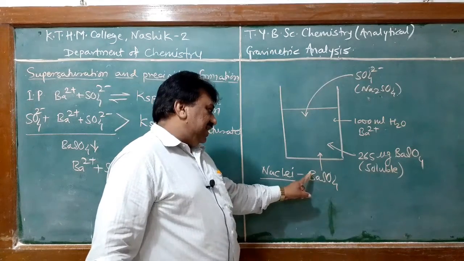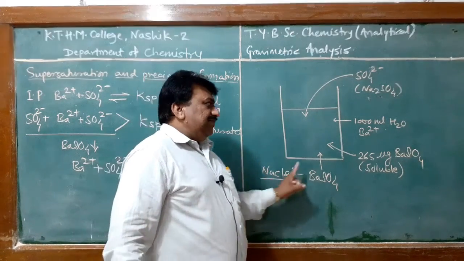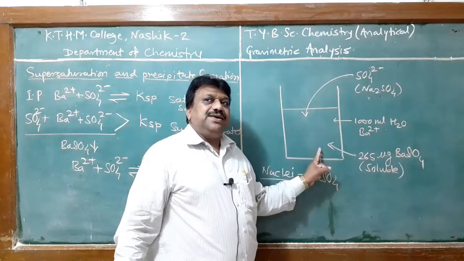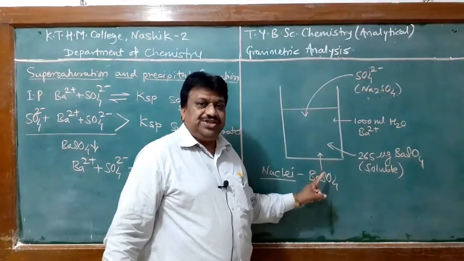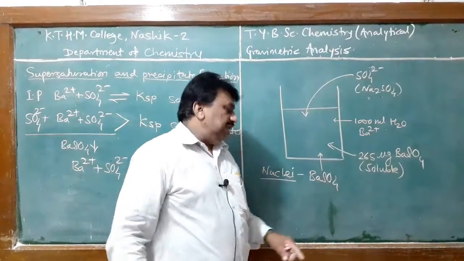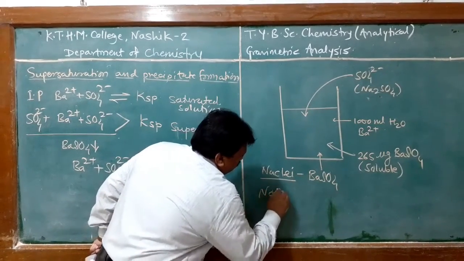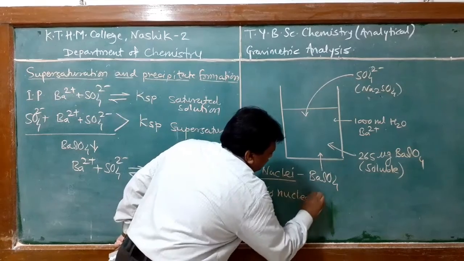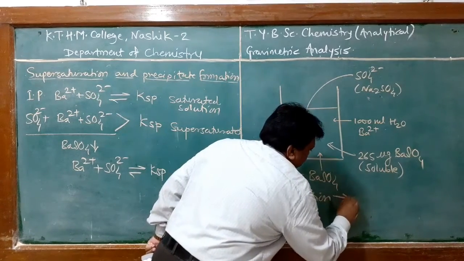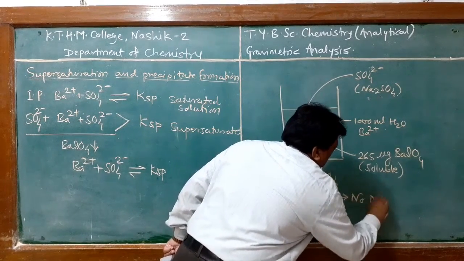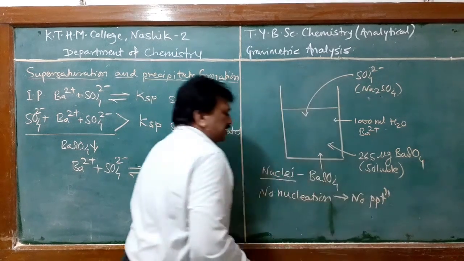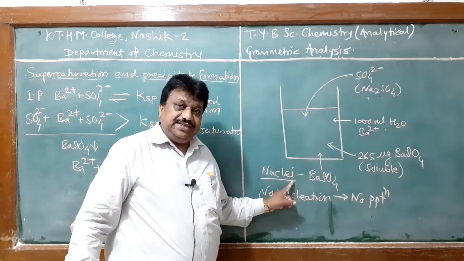Therefore, the first step in gravimetric analysis, or the first step in a precipitation reaction, is the nucleation process. Without nucleation, there is no precipitation reaction. No nucleation, then no precipitation. Therefore, precipitate formation takes place when there is a nucleation process.